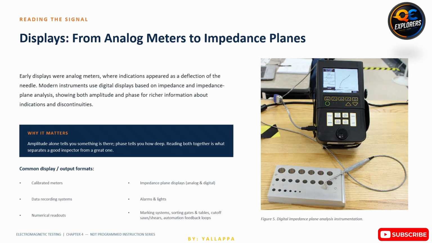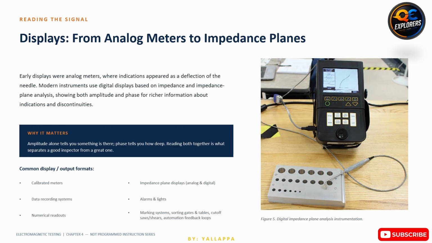The figure shown on the slide illustrates a modern digital impedance plane instrument. Although the display may appear complex initially, it provides inspectors with a comprehensive view of the electromagnetic response, allowing accurate characterization of discontinuities. Mastering signal interpretation requires practice, experience, and proper calibration, but it is one of the most valuable skills an eddy current inspector can develop.